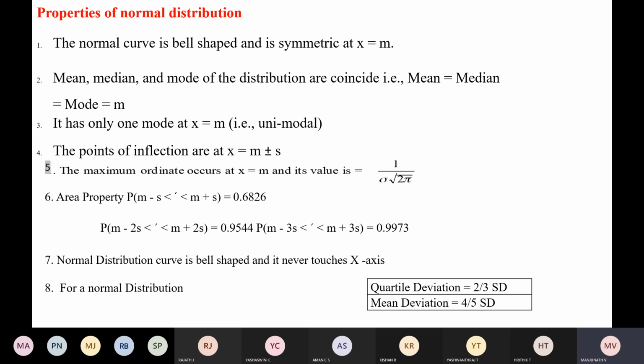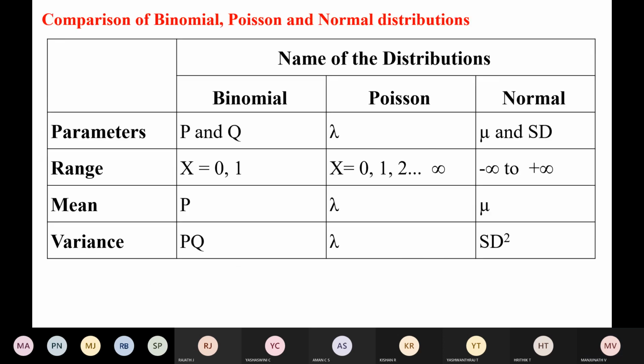Now, continuing with that, you can just mention the values as they are. And you can also be asked to compare binomial, Poisson, and normal distribution.